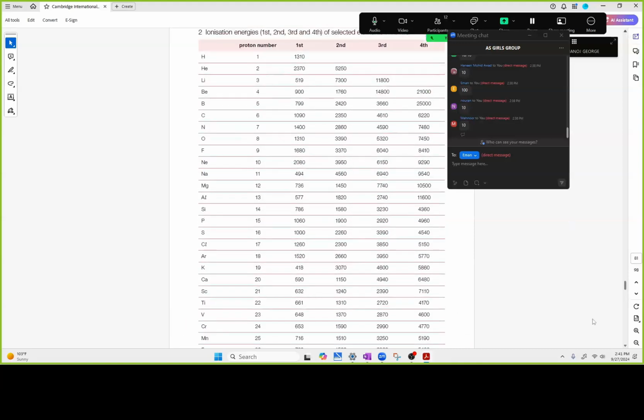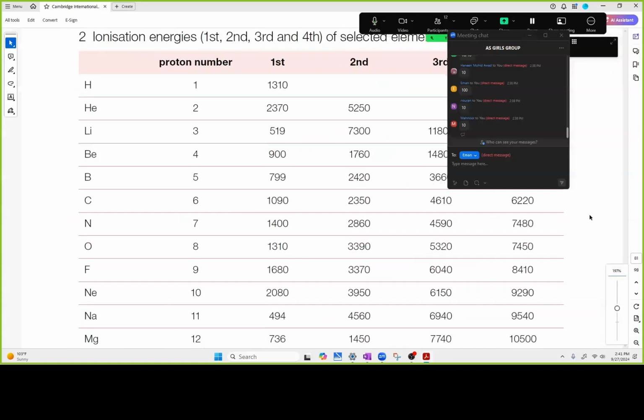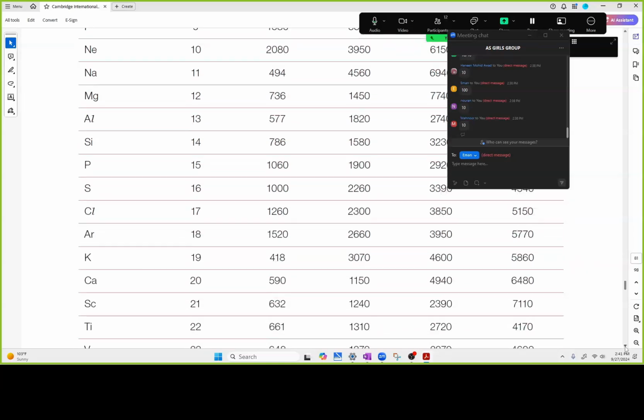So let's have a look at the first ionization energy values from sodium to argon.